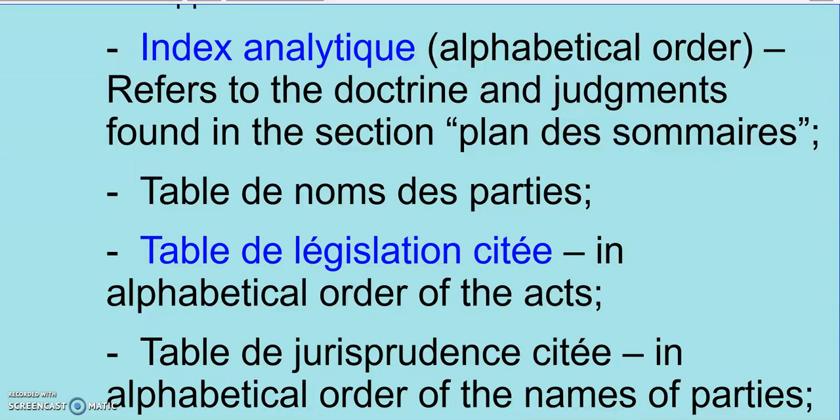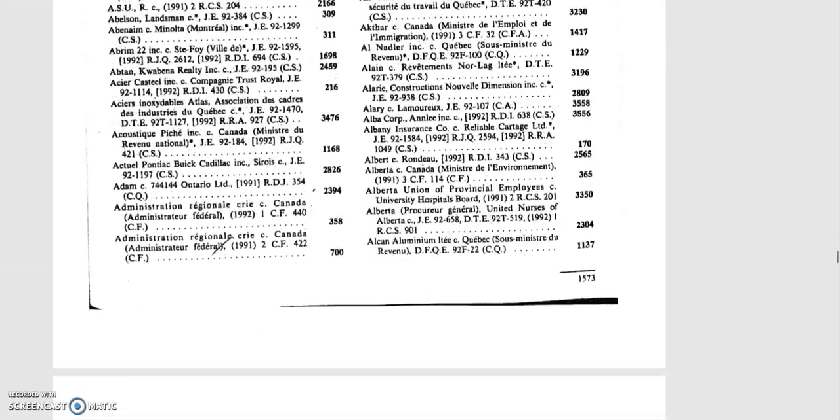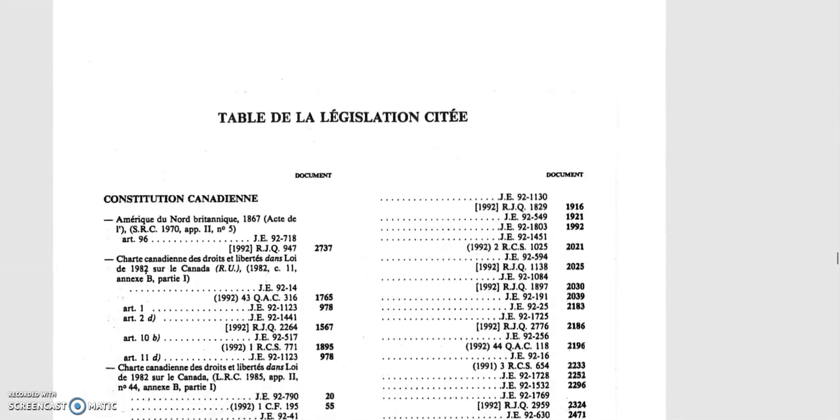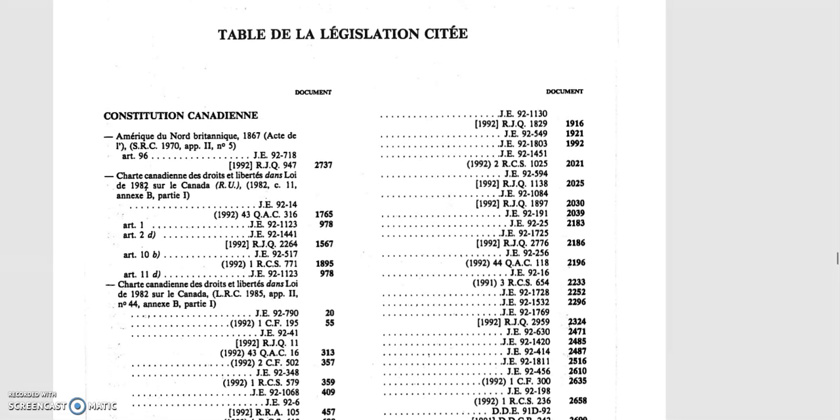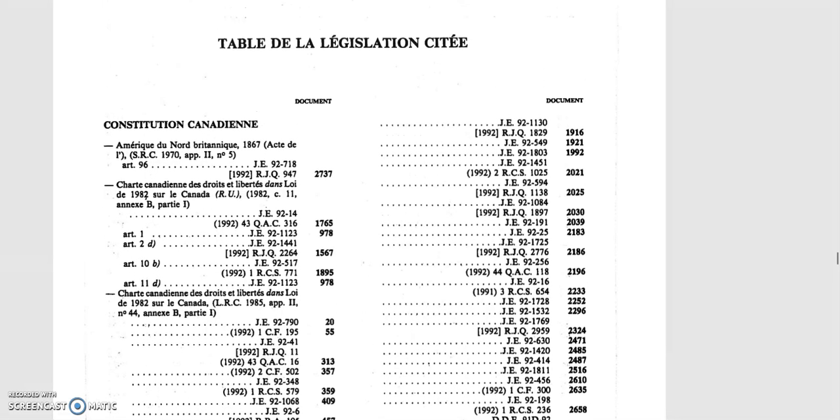At the beginning of it, we're going to see laws that are the most common. So the Constitution, also the CCQ, the Criminal Code, the CCP, laws that people search for the most.